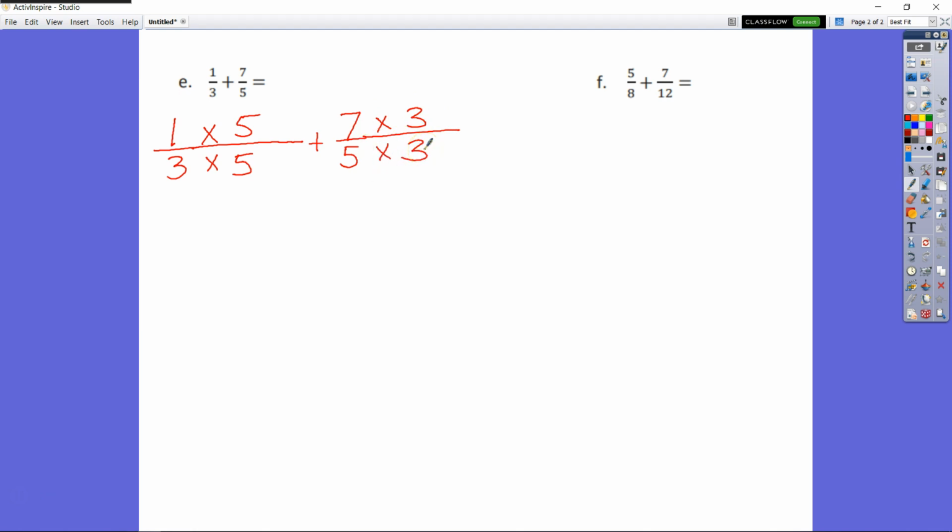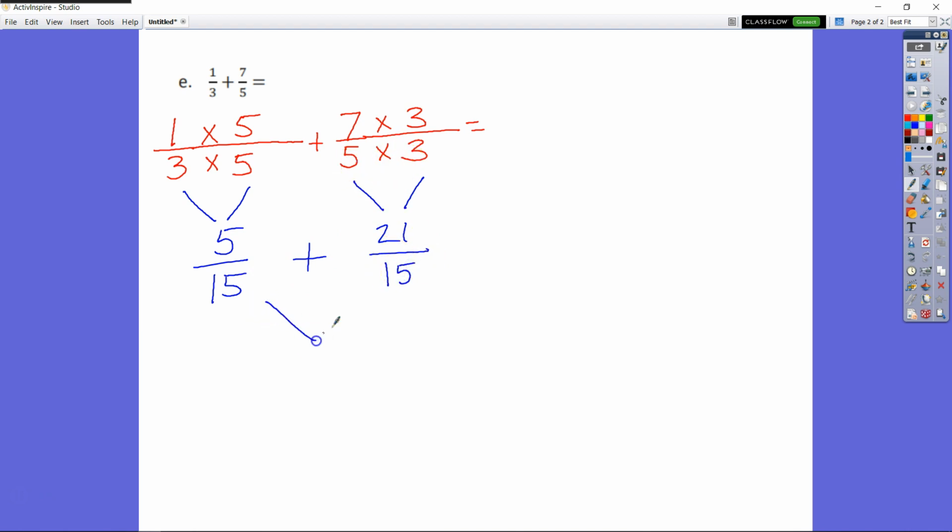Fairly simple, right? We know that we get 1 times 5 is 5. 5 times 3 or 3 times 5 is 15. Plus 7 times 3 is 21. 5 times 3 is 15 again. So now we're going to add those. So now we have 1 plus 5 is 6 ones and 2 tens.